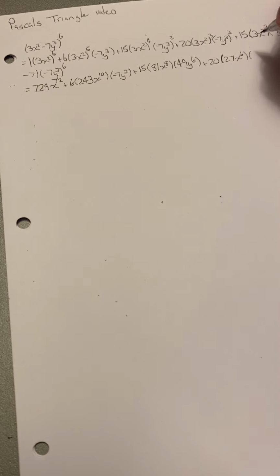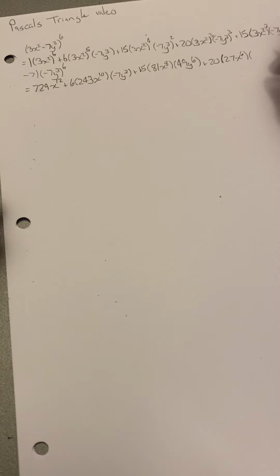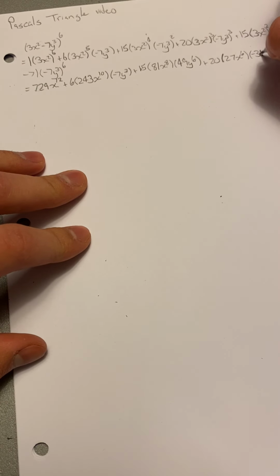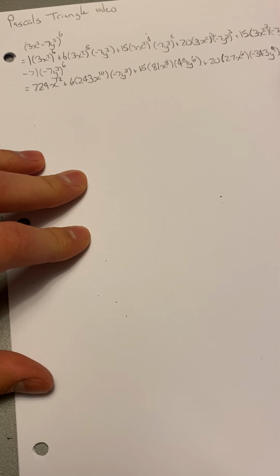So you get negative 343 y to the 9, plus 15.